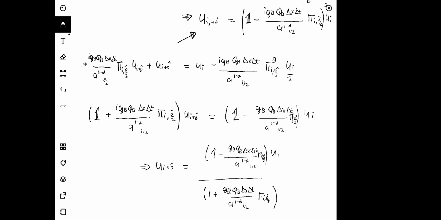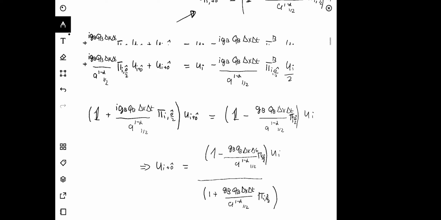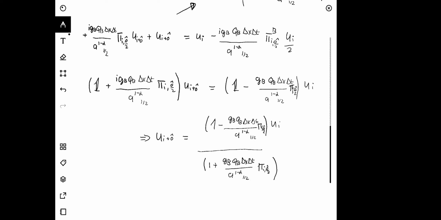And so you see, in principle, you can solve that exactly here. But since you already paid some O of delta x squared before, it's better just to do an extra Taylor expansion and write that as 1 minus GB QB delta x delta t divided by A1 minus alpha 1/2 by I 0 over 2 square times ui.